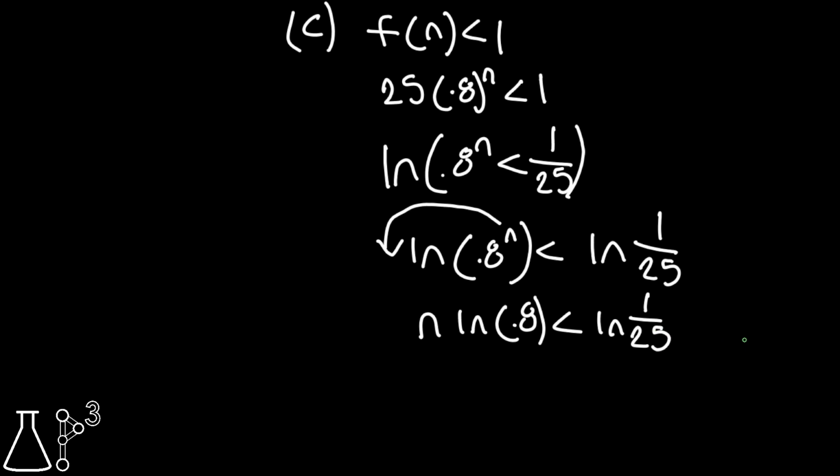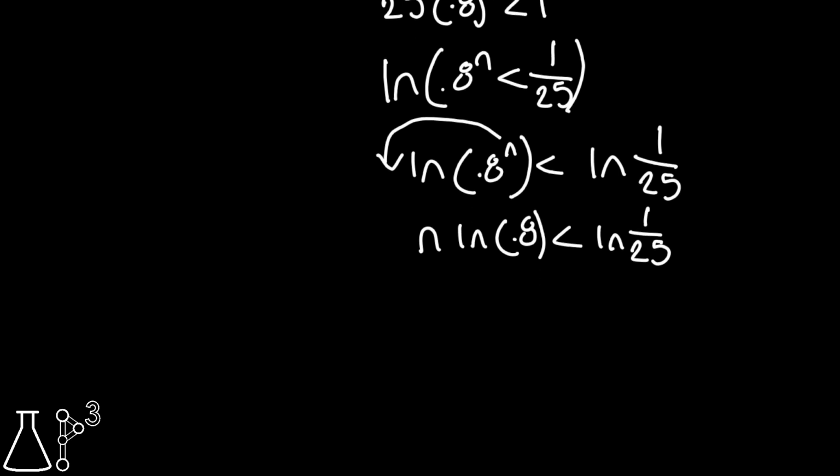Okay? So now, natural log of 0.8 is less than 1, which means when you take the natural log of something and that something is less than 1, the natural log is going to come out negative, which means that when you divide by the natural log of 0.8, you're going to need to flip the sign of the inequality.